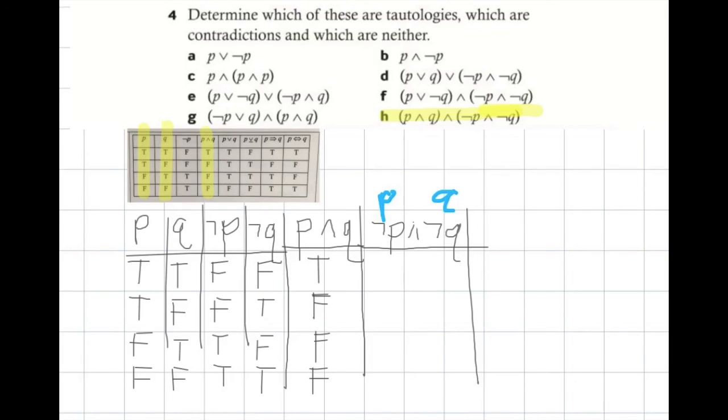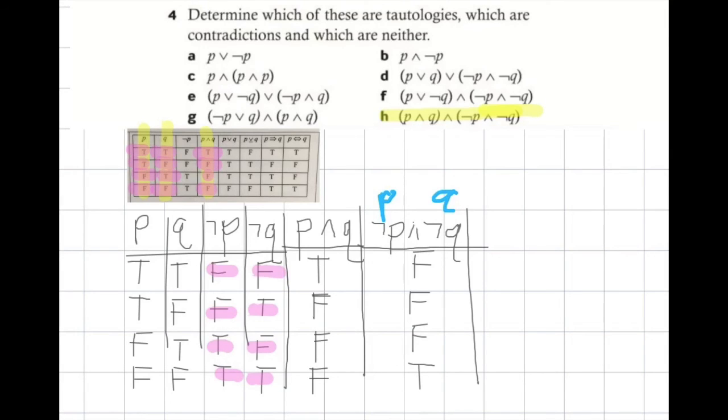So our first one, false, false, would be like this one here. So that's false. Our second one, false, true, is like this one here. So that's false. Our third one, true, false, is like this. So that's false. And our last one, true, true, is like this one. So it's true.